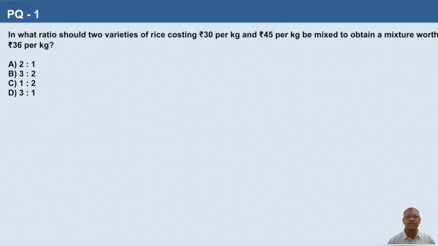Let us use the allegation method to find the ratio in which the cheaper and costlier quantities are mixed. The cheaper rice is at 30 rupees and the costlier is 45 rupees. When both are mixed, we get a mixture with a mean price of 36 rupees per kg.